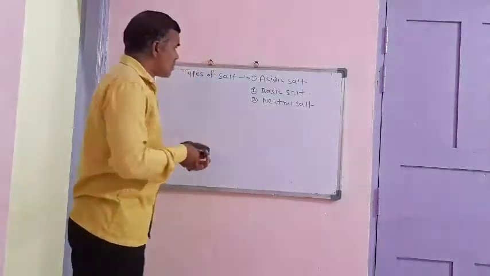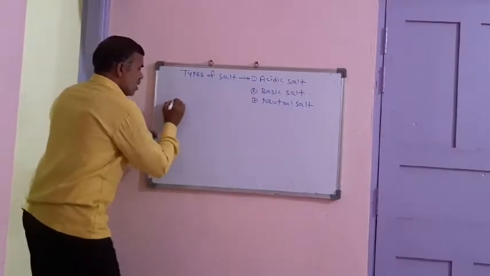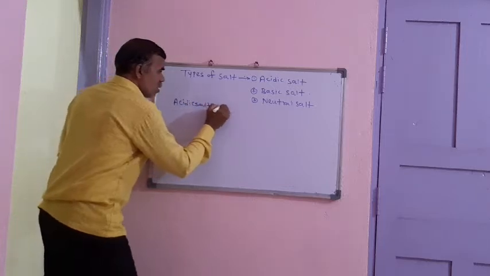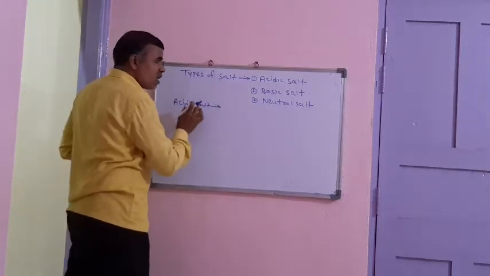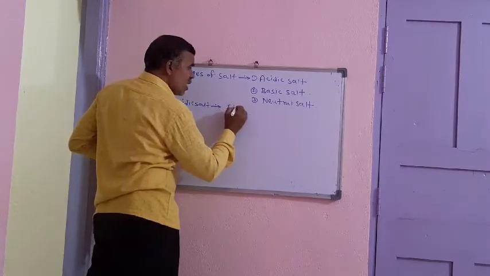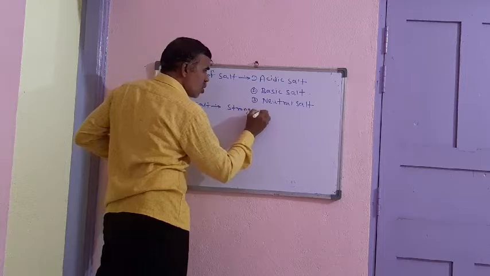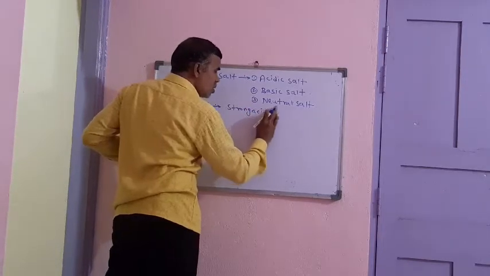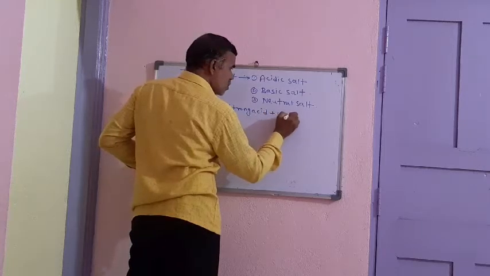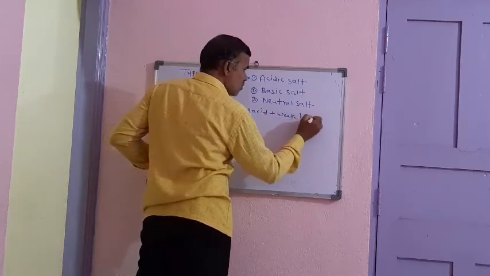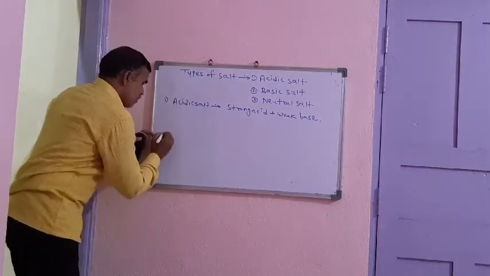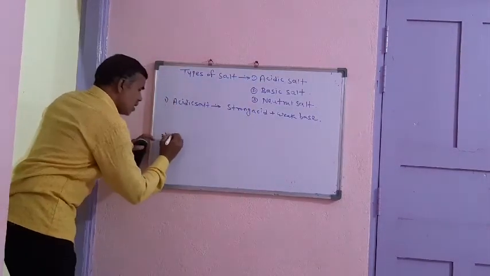सो लुक ॲट दिस ऍसिडिक सॉल्ट. Acidic salt is formed by the neutralization reaction between strong acid and weak base, we get the acidic salt. Number second, basic salt.